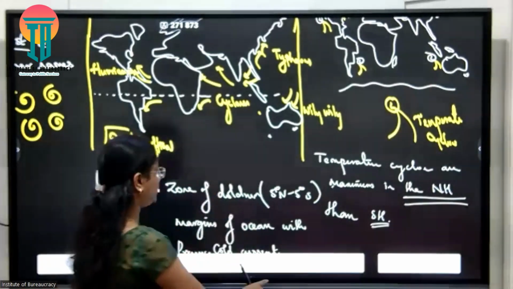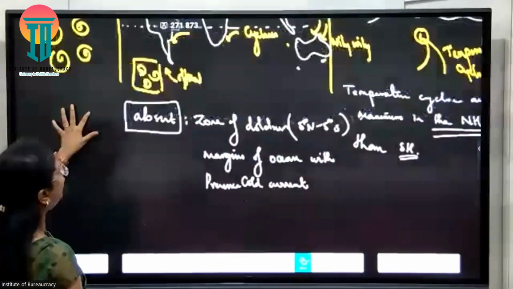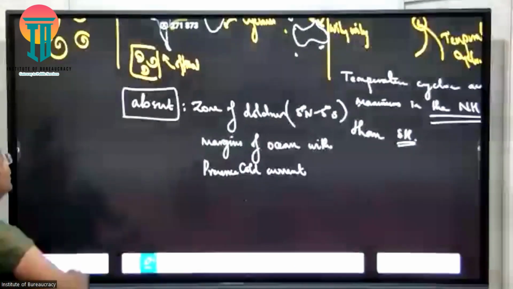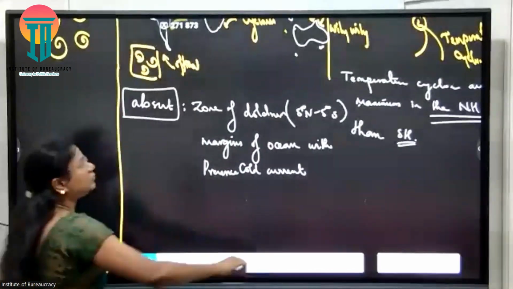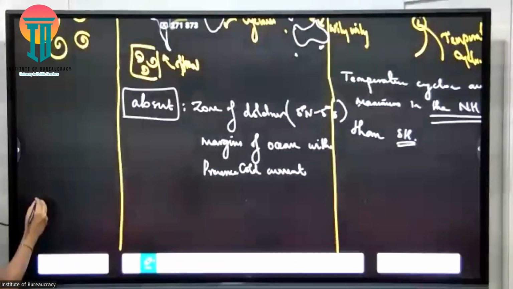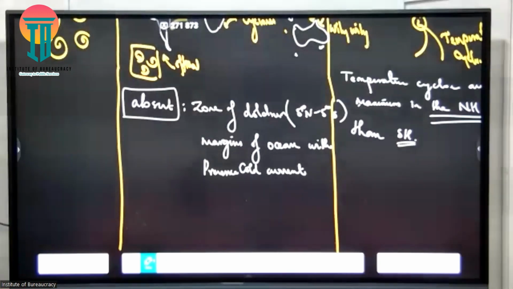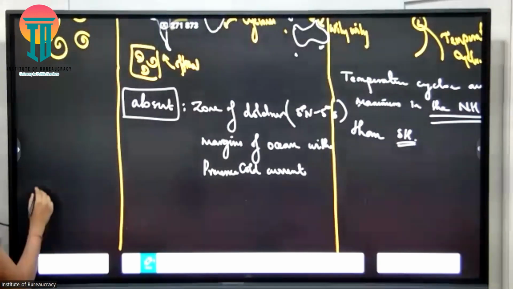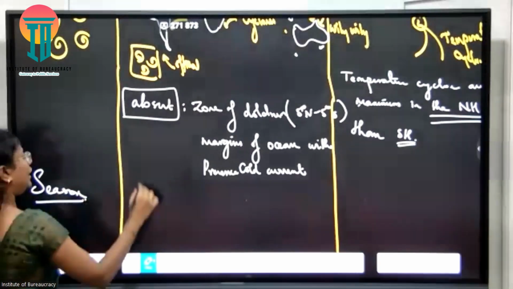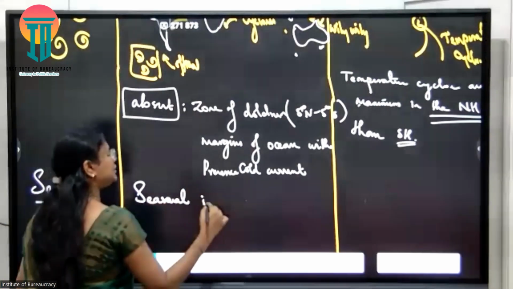Okay, next, when you talk about this distribution, the next important point you need to talk about is the season. When are they distributed or when do they occur more? So the criteria is season. They are largely seasonal in nature. Tropical cyclones are seasonal in nature.